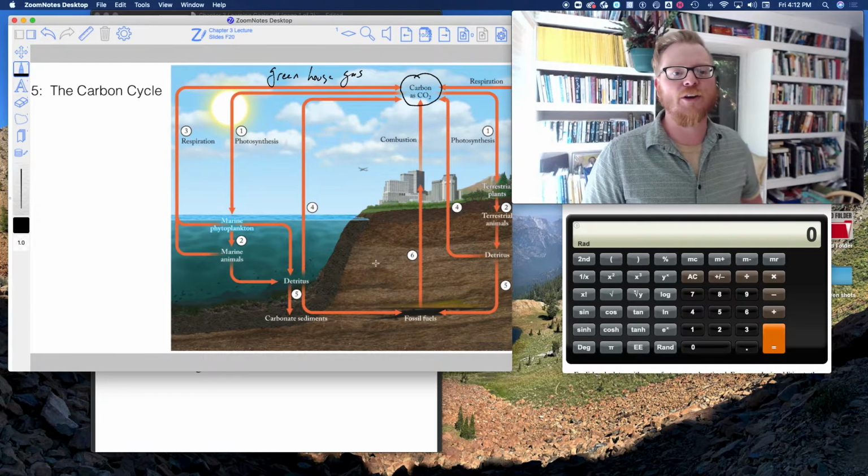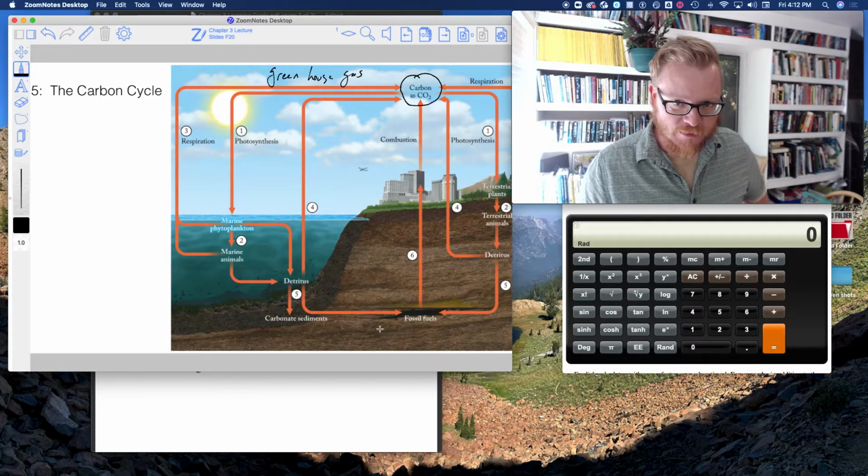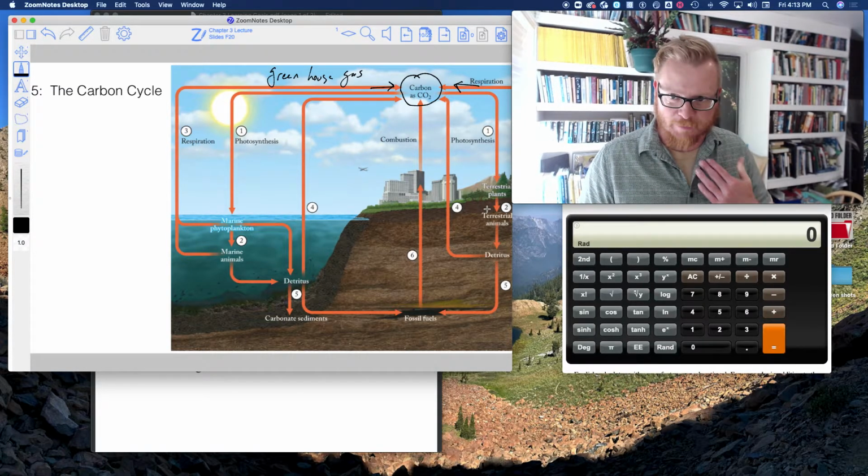And what I want you to take note of is there are a lot of sources of CO2 in the atmosphere. There's a lot of things that produce CO2, like respiration. See, it's making CO2, more respiration. So that's respiration coming from the animals in the ocean, or respiration coming from animals on the land, like me.